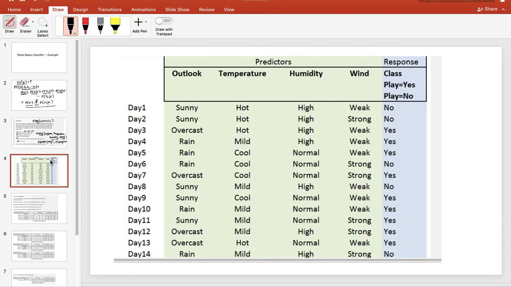Let us say we are given the data of 14 days. On day 1, the outlook is sunny, the temperature is hot, humidity is high and wind is weak. On this day, we did not play. Again, with these weather conditions, we will not play.